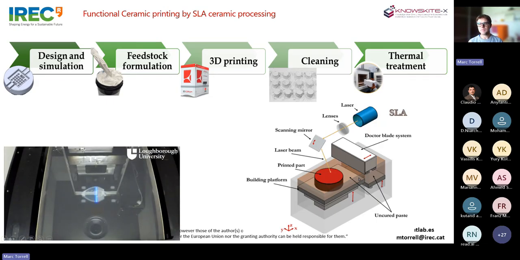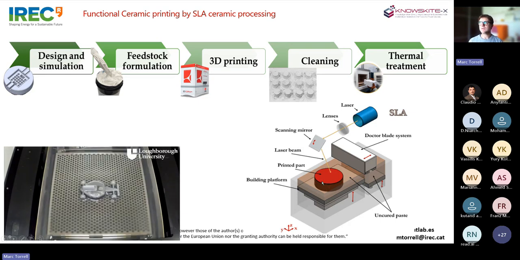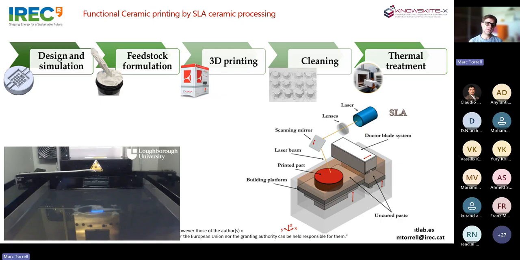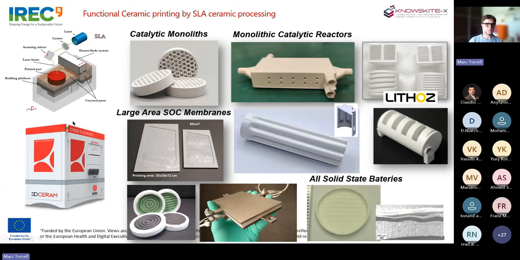Here you have a scheme of this stereolithography machine: the laser, the printing platform, and the scraping. So layer by layer, in layers of 25 microns, we can grow these electrolytes for our solid oxide technology. With industrial stereolithography machines, we can print different materials, mainly alumina and zirconia, and we are applying it for generating complex shaped catalytic monoliths that can then be functionalized with different catalysts for different reactions.